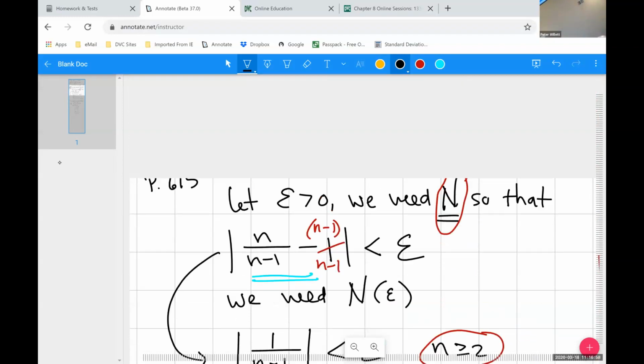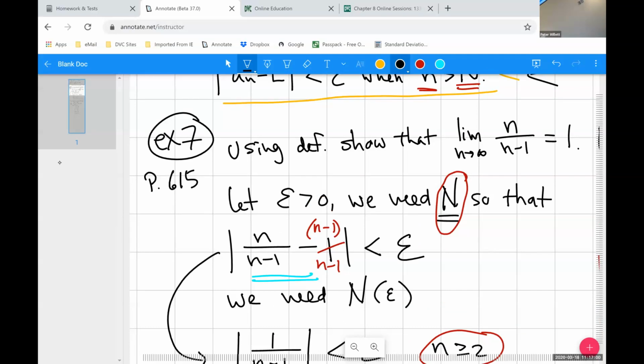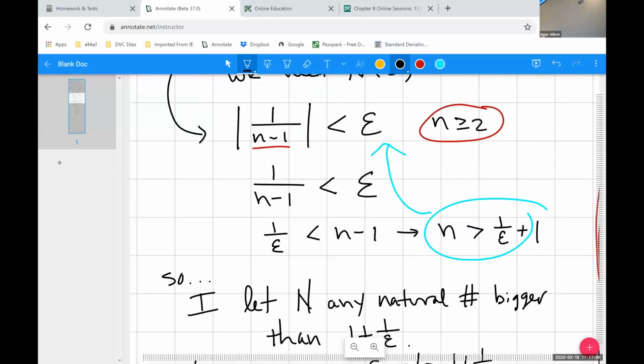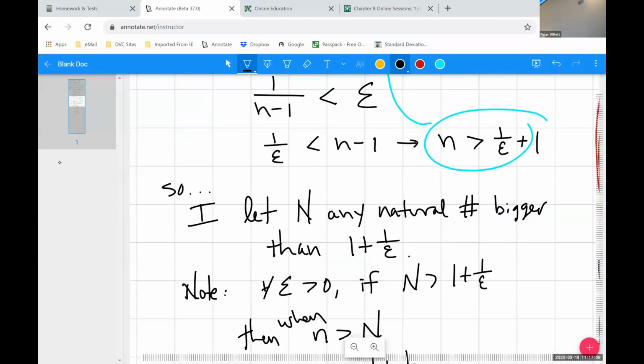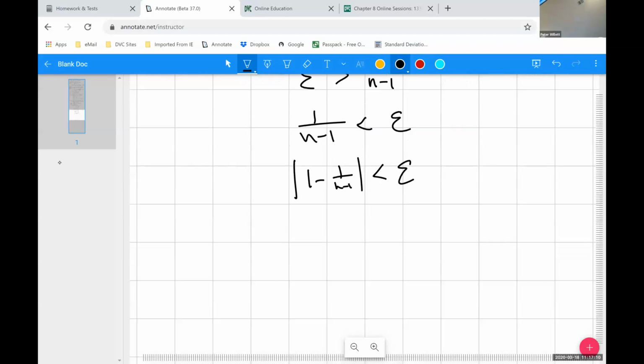So we needed to show that there's an n such that n over n minus 1, I need to go one more step. Which means that the original n over n minus 1 is less than epsilon.